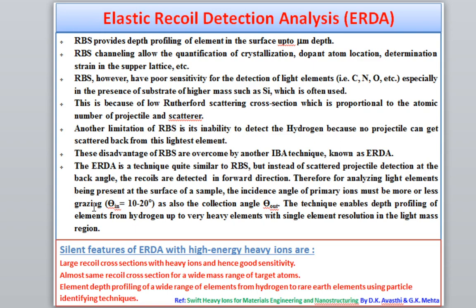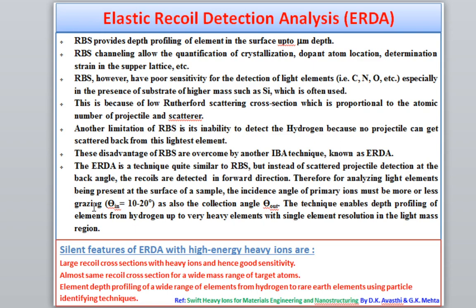The difference is that in Rutherford we measured the backscattered ion, but in this case we measure the recoil atom from the target when the projectile falls on it, as I explained in the beginning of the lecture.